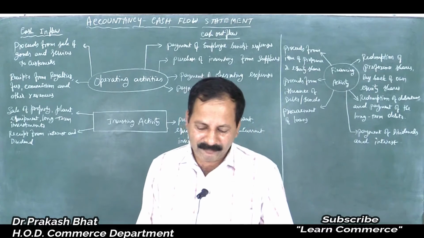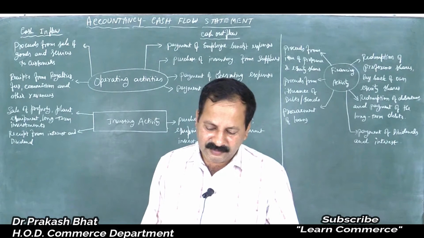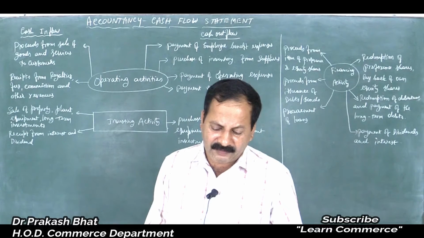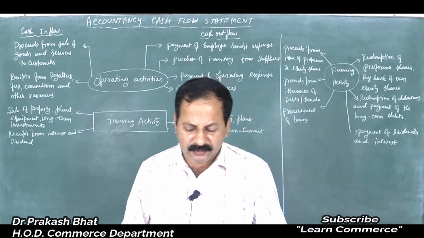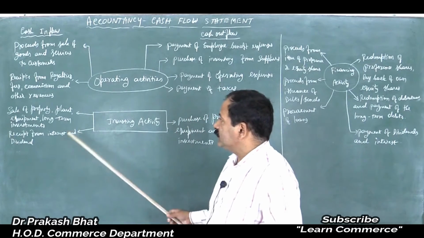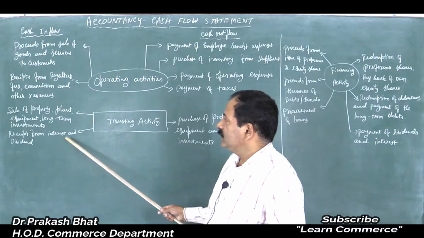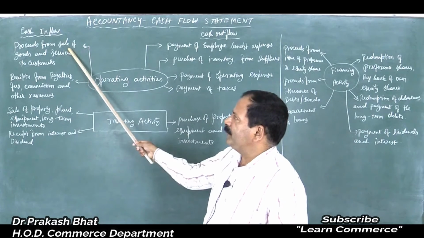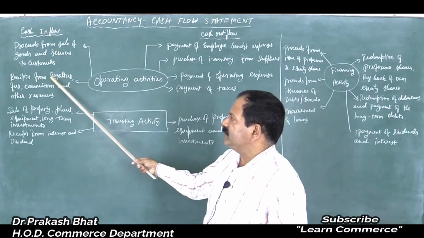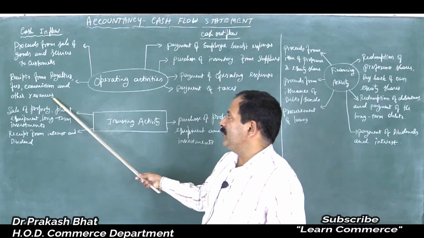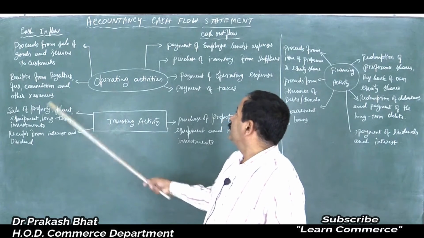Now, the problem is the profit of rupees 50,000 on assets sold, which was transferred to statement of profit and loss, isn't it? This profit comes from proceeds from sale of goods and services, receipt of royalties, fees, commission, and other revenues, isn't it?